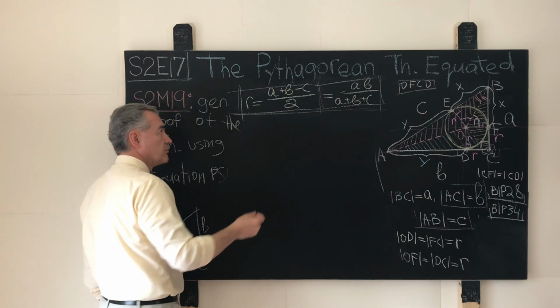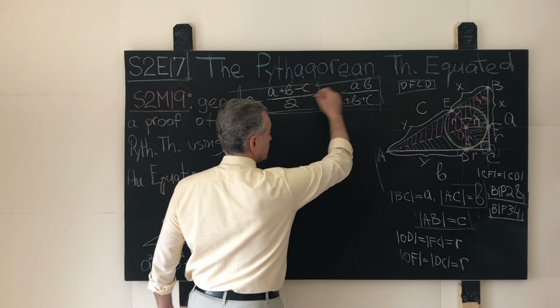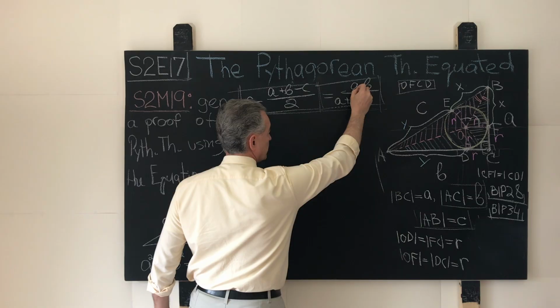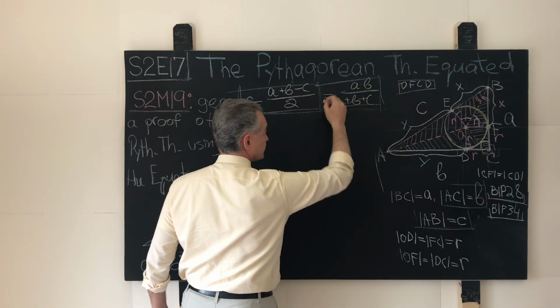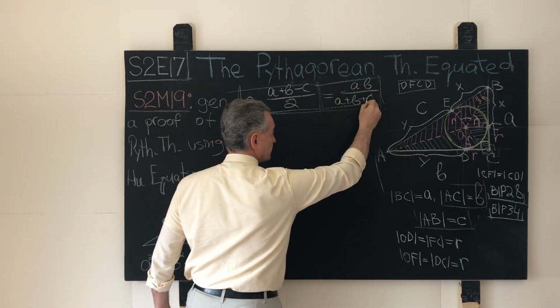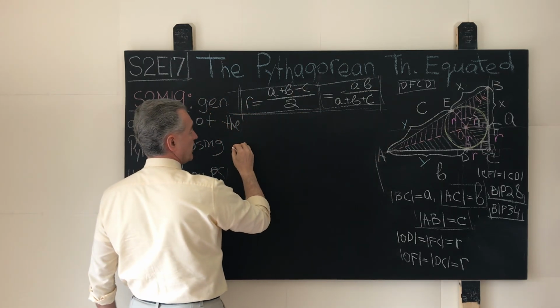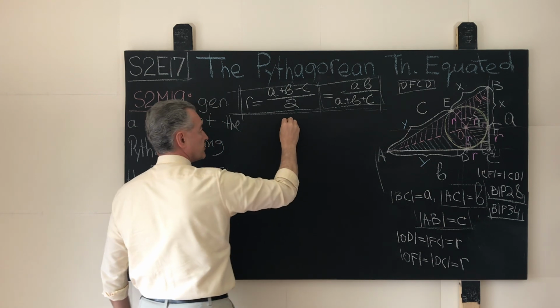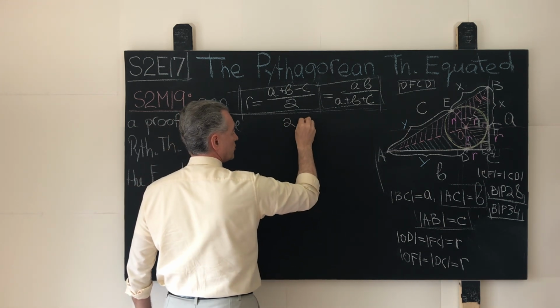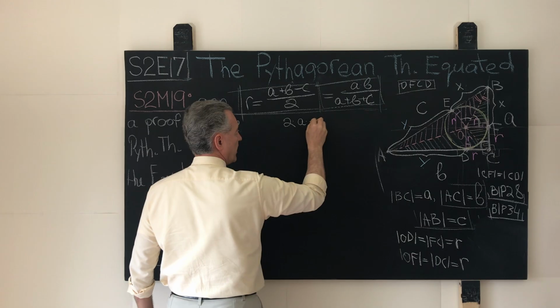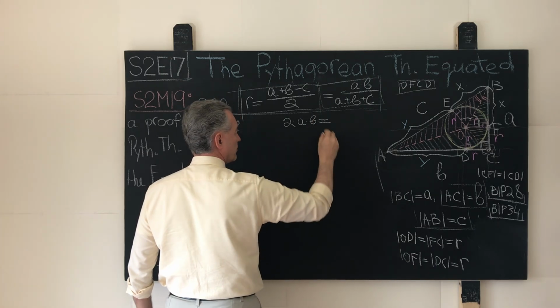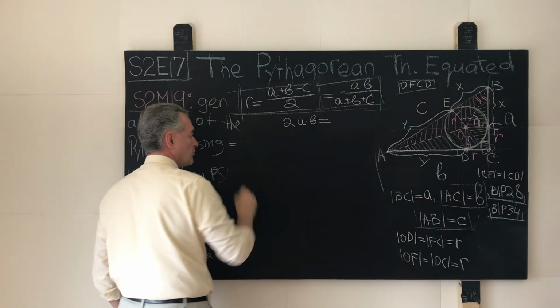So here we, for example, do cross multiplication. We multiply 2 by the product AB, and then we multiply the sum of the lengths of the sides of our right triangle with this animal right here. So what do we have? Let me write this on top. On the left hand side we'll have 2 times A times B, and on the right hand side I will take more space over here.